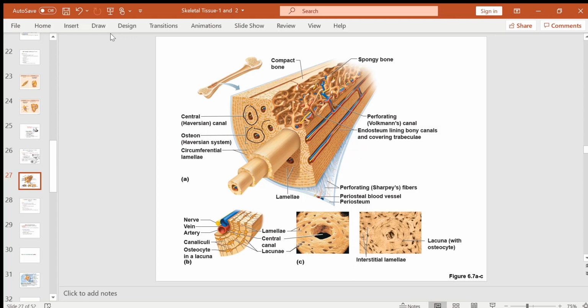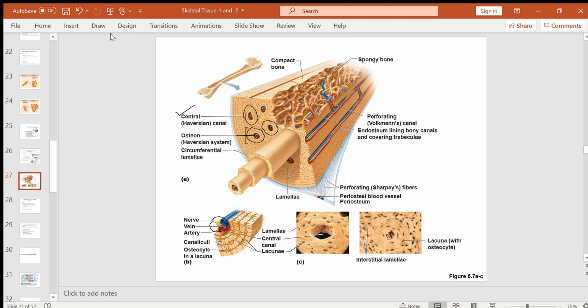So these are the columnar structures, and this is the central canal here. Now if you see under more powerful magnification, you will see these are the blood vessels in the central canal. This is just a chunk of the osteon, not the whole osteon.